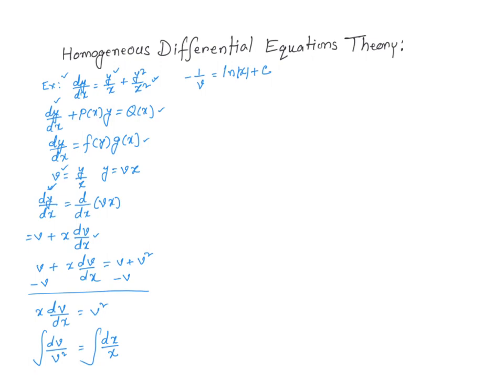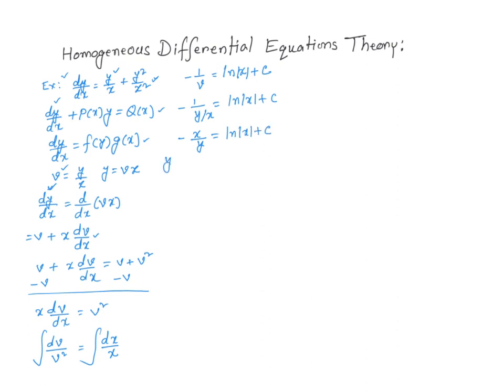Now I can rewrite it. Negative 1 divided by v is, by the way, what is it? Negative x over y. So negative x over y is equal to ln of absolute value of x plus c.